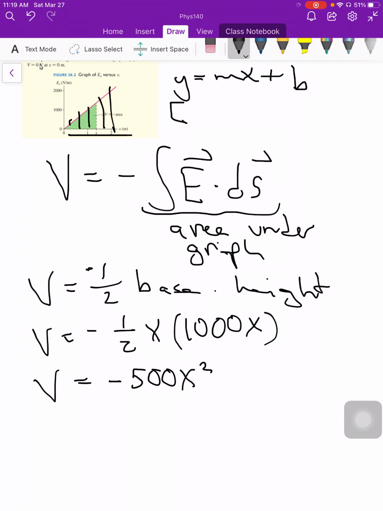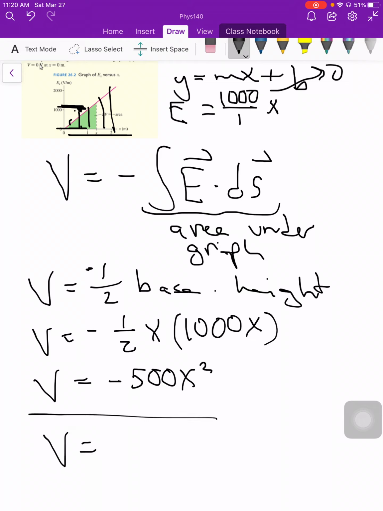The slope is 1,000 over 1, and my x is just x, and I don't have a b, so b goes to 0. So my E is just 1000x. If I want to do this the other way, V is equal to a negative integral, my E is 1000x, and my ds is just dx.